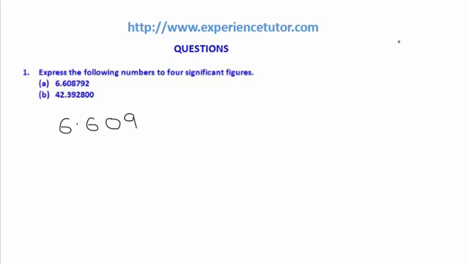For the second, the fifth number is 2, which is less than 5. Then the number will be 42.39. We'll just drop the 2.